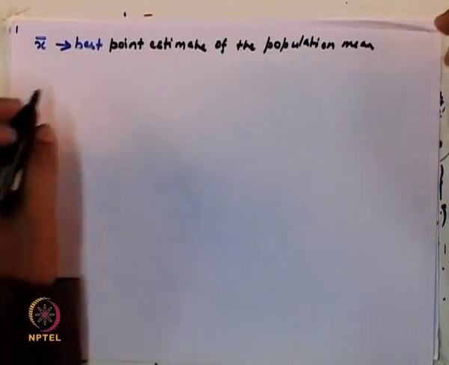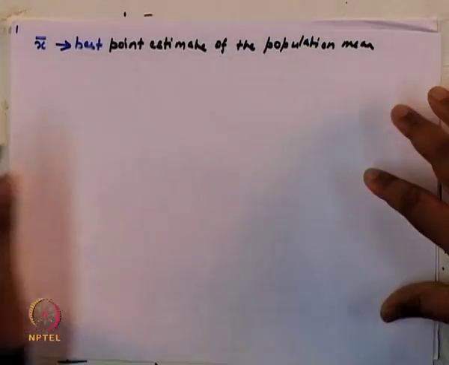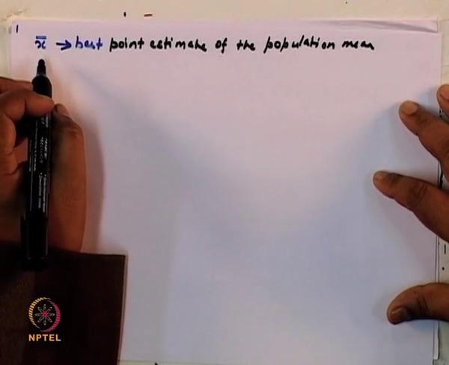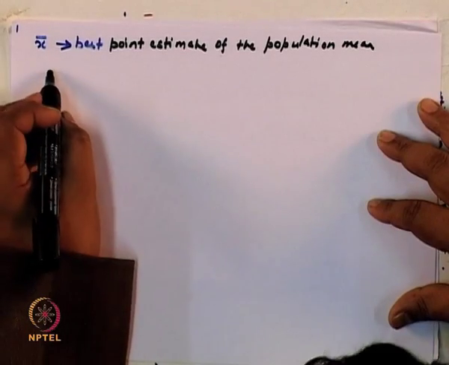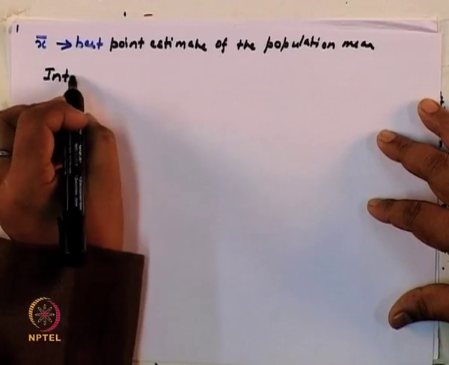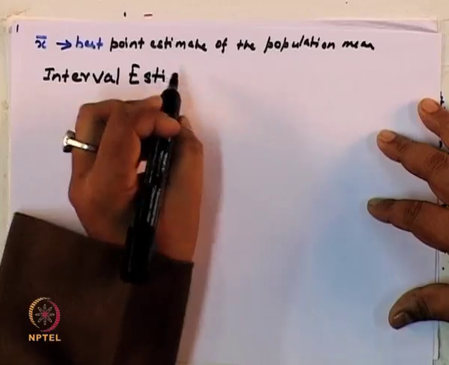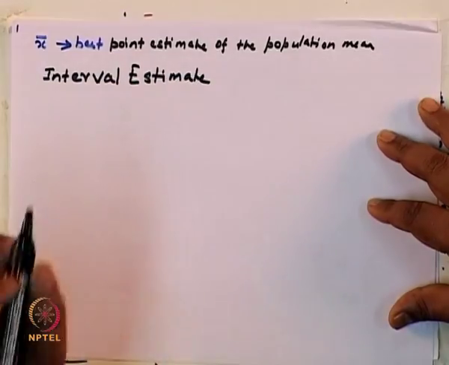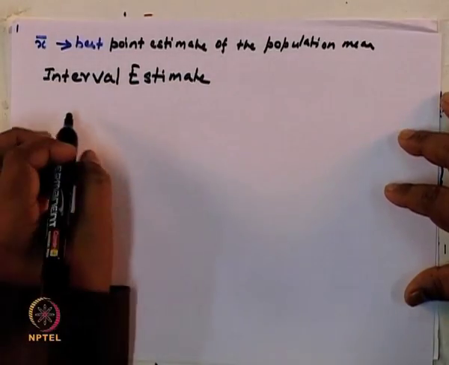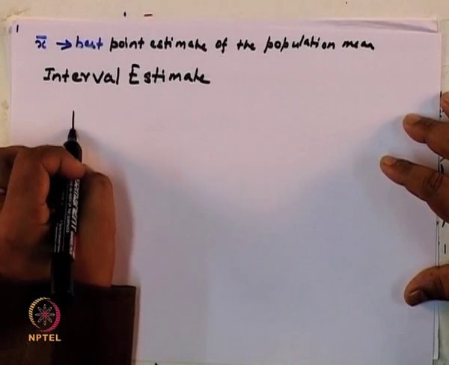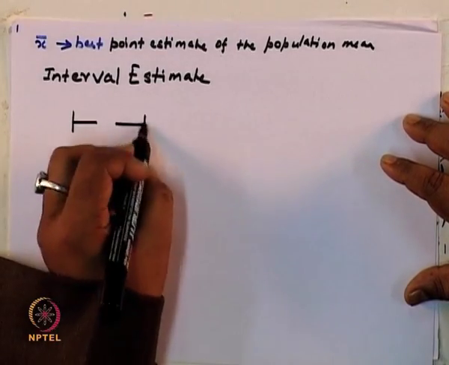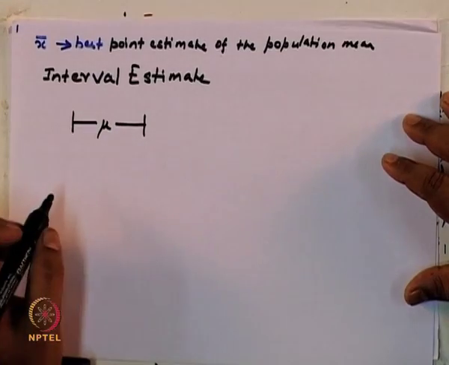So what is the point estimate and interval estimate? An interval estimate prescribes a given range within which your mu is supposed to lie.